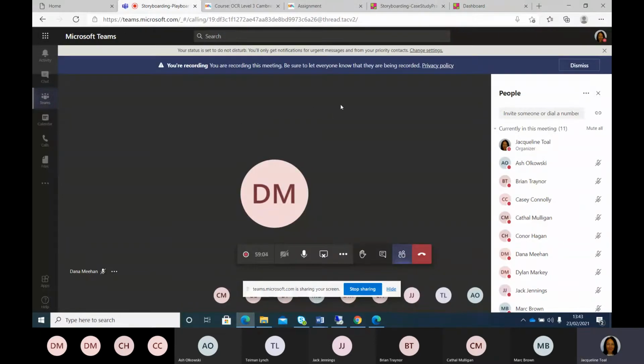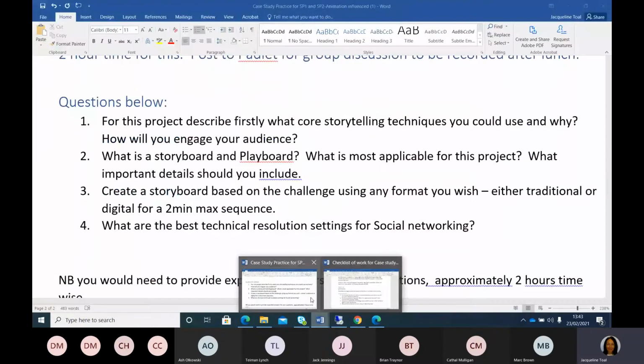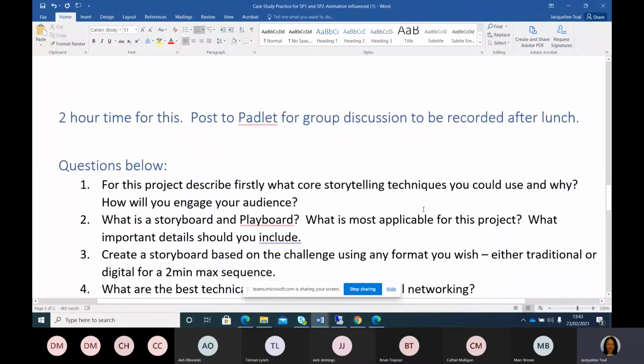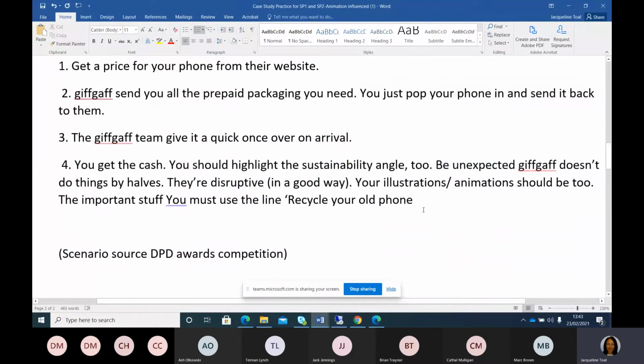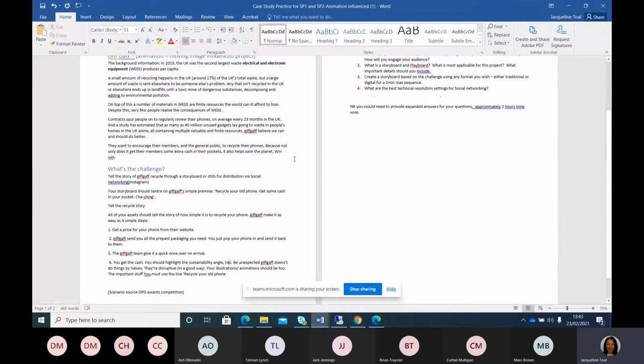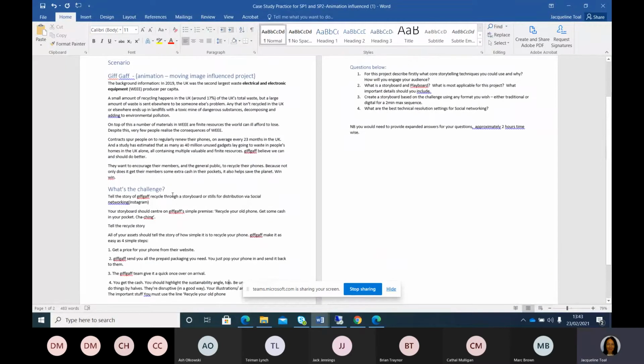Okay, so just to have a group, just a wee recap here, on the activity that I asked you to do, and it was really to come up with an idea on a storyboard to tell a recycle story, and on how to get people to promote and recycle their phones.